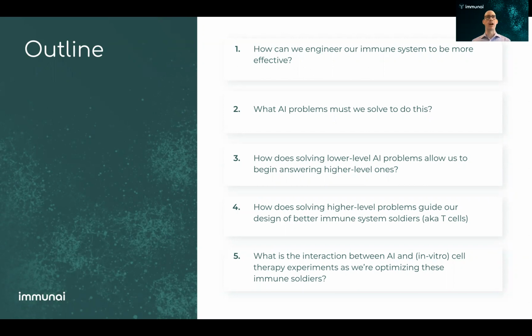I'm going to then talk about how solving the lower level problems allows us to start thinking about answering the higher level ones. I'm then going to talk about how solving the higher level problems allows us to design better immune system soldiers, aka T cells. And finally, what is the interaction between artificial intelligence and in vitro cell therapy experiments as we're optimizing these immune soldiers?